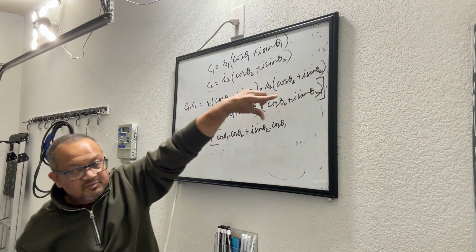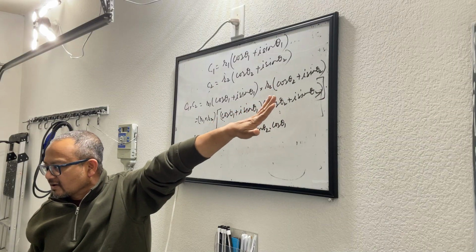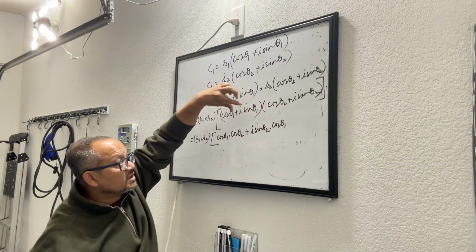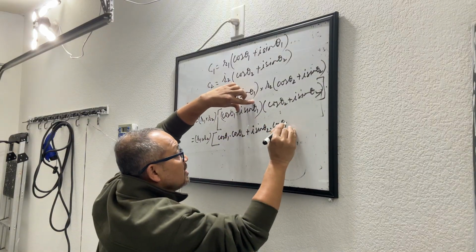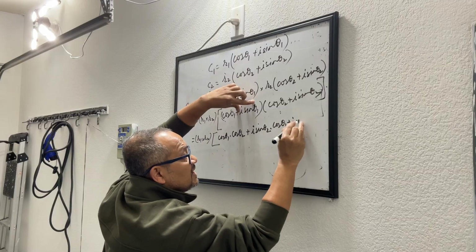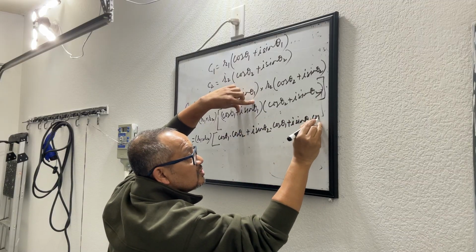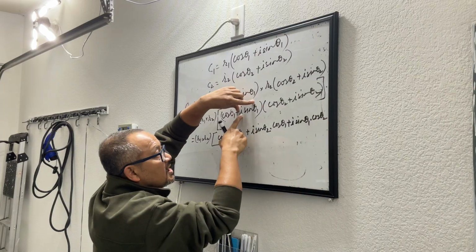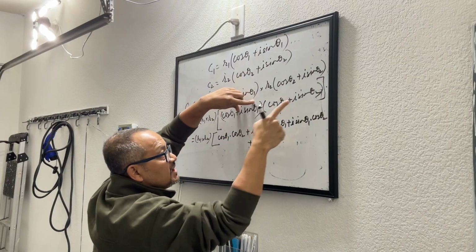This guy is multiplied with both of them. So far looks okay. Now I'm going to this one and multiply it with both the terms. So I sin theta 1 times cos theta 2 plus I square sin theta 1 sin theta 2.